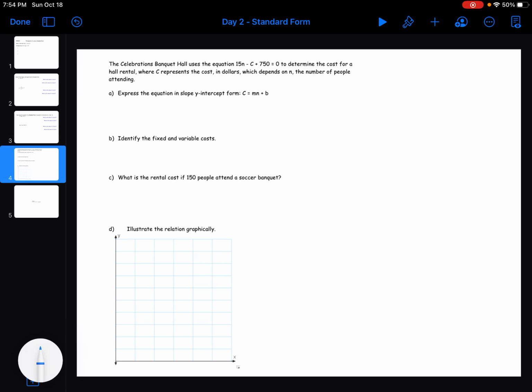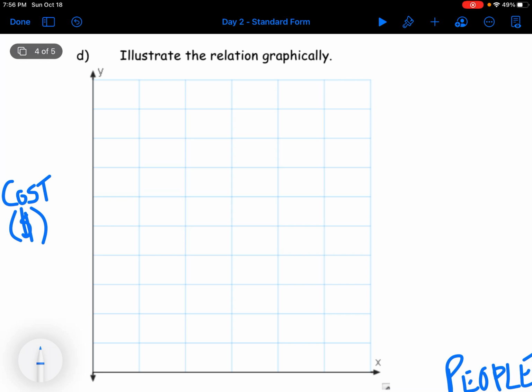Now it says graph this. So this is actually a really tough graph because what's happening here is we're not going up by a very large number every time. So what I'm going to do is make my graph, and I'm going to show you why. I'm going to make it go up by 250 every box.